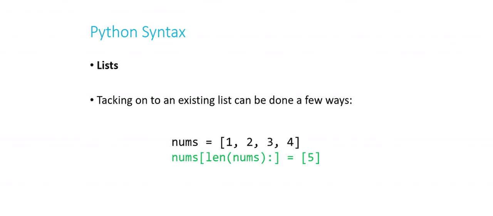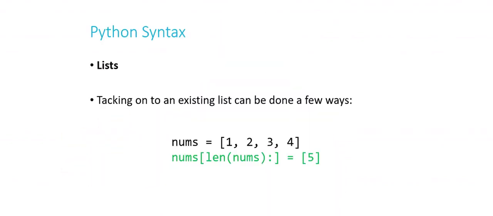This also does the same thing. Nums, square bracket, len, nums, colon, 5 equals 5. A little bit weirder, but basically what we're doing here is we're creating another list, effectively, and we're splicing it on to the one that exists before. So what I'm saying is I'm creating a new list.